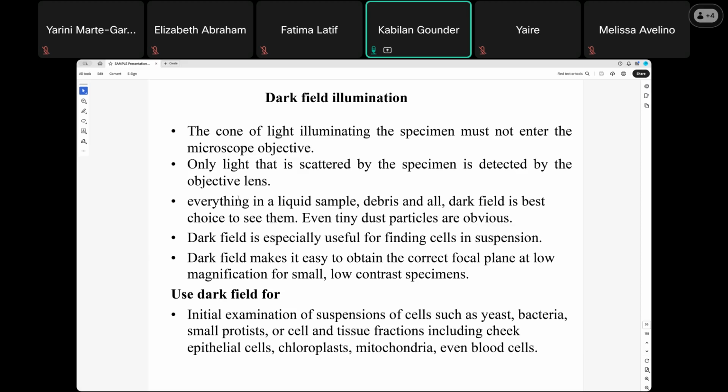So phase contrast, dark field, and bright field are not separate microscopes. It's all one microscope, but you have to use the appropriate lenses and objectives. Those are the main components which attach to the regular microscope.